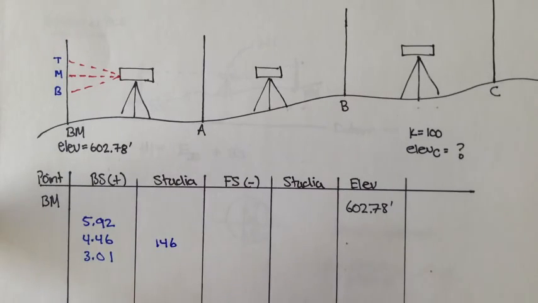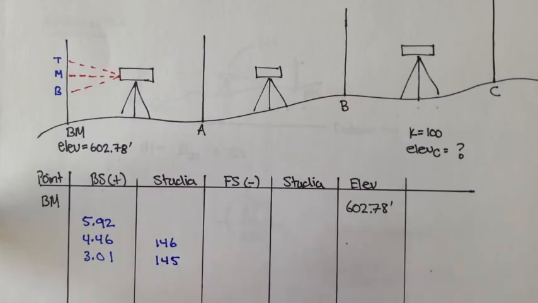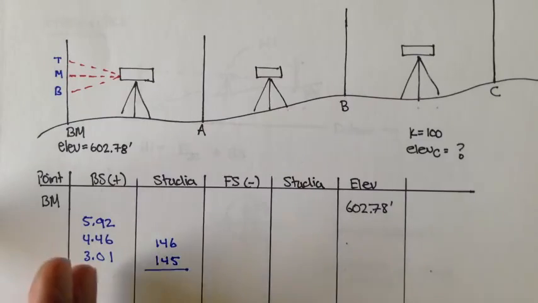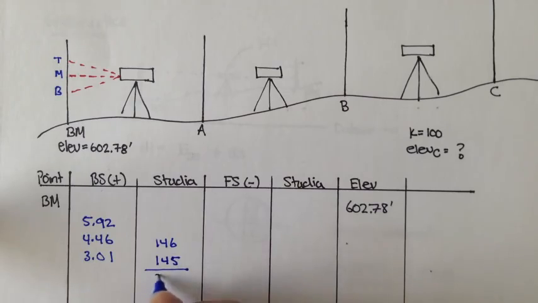And the middle minus bottom, or 4.46 minus 3.01, is 145. Remember, we're multiplying the half stadias by 100 because when we add them, we get the approximate horizontal distance from the instrument to our benchmark, and I get about 291. That's the first step.